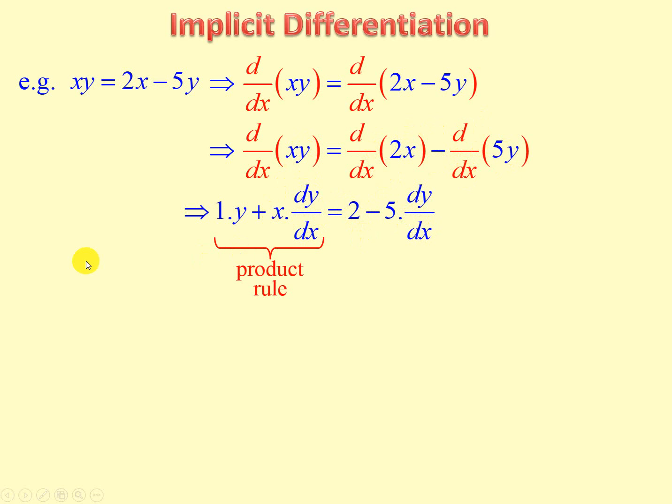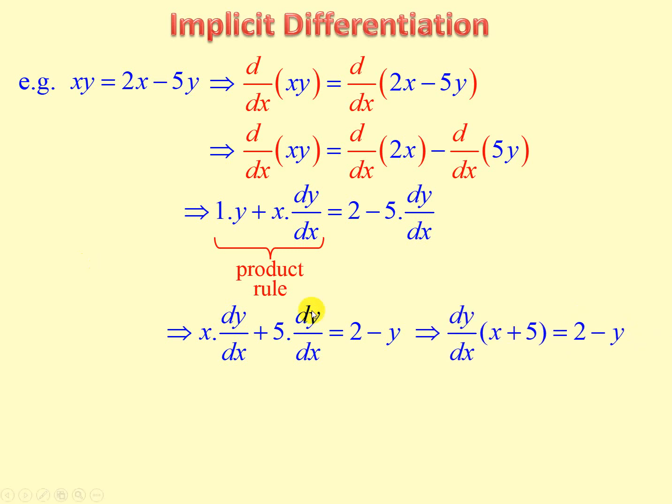Now we can solve for dy by dx. dy by dx is to one side, everything else to the other. Common factor of dy by dx, and divide. And there's nothing wrong with having y's as well in the actual derivative. We'll come on to that later. You'll see why that is the case.